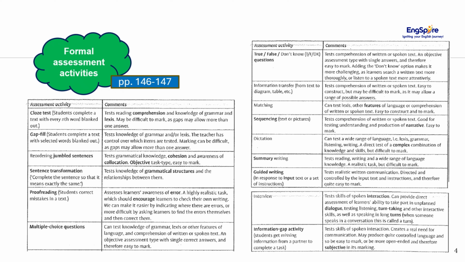It shows what each activity is used to assess, that is, language knowledge or language skills, whether it reflects real-life language use, and how easy or difficult it is to mark. Please take a few minutes to study the table on your own, as understanding these assessment activities is important for every teacher.